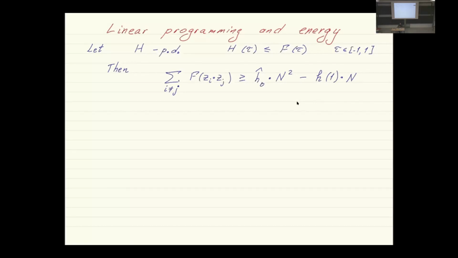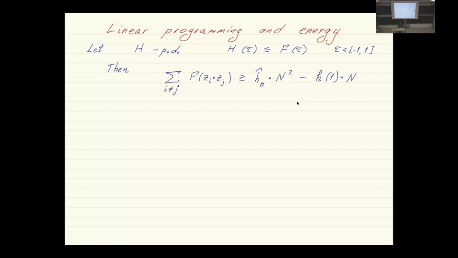Well, assume we want to deal with discrete energies, and in the case when f is not positive definite. Then what you can try to do is find a function that is a lower bound for f, which is positive definite, for which you know what the energy minimizer is, and that will give you a bound on the energy of f.